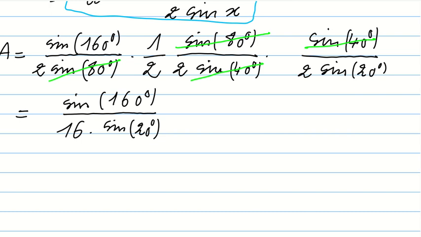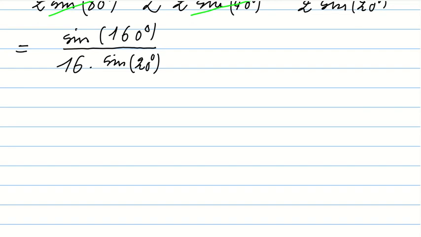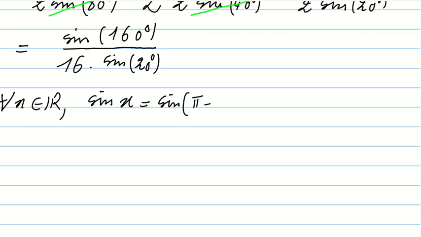But here I will use a third formula which is known and which says for every real x, sine of x equals sine of pi minus x, which is equal, using degrees, to sine of 180 degrees minus x.